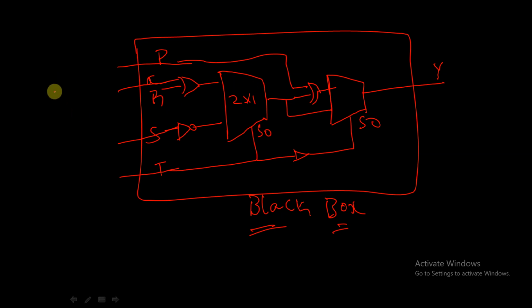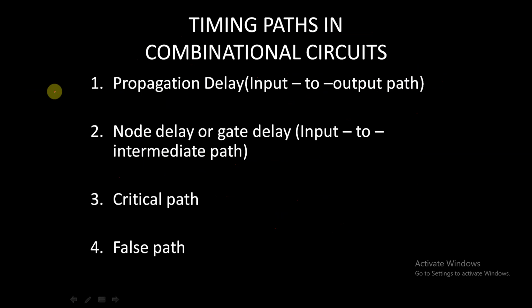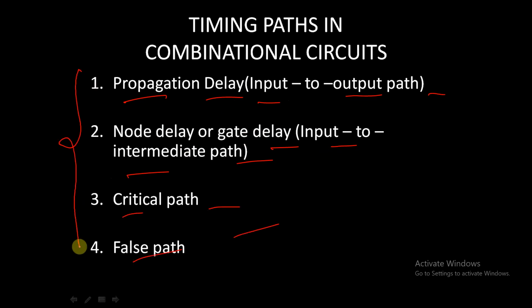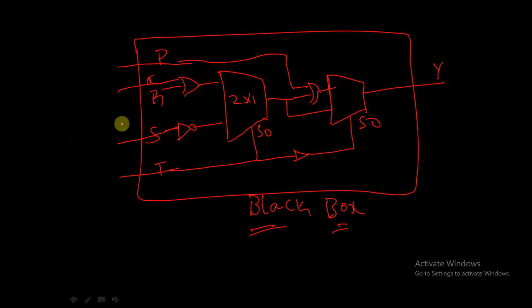So first our agenda is to learn these terminologies in combinational circuits, which are propagation delay, that is input to output delay, node delay or gate delay, input to intermediate path, and critical path and false path. After learning all these terminologies, we will be able to calculate the delay involved in this particular circuit, so we can estimate how much delay we will get.